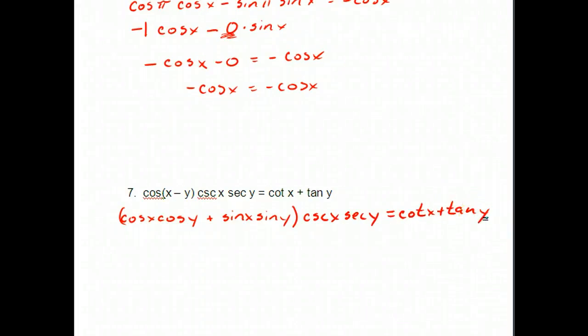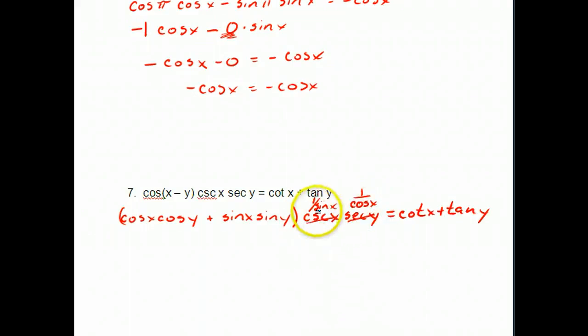Okay, so let's see what we can do here. If I change this into sine and cos, cosecant is the same as 1 over sine x, and secant y is going to be the same as 1 over cos y. So I can cancel those two out.